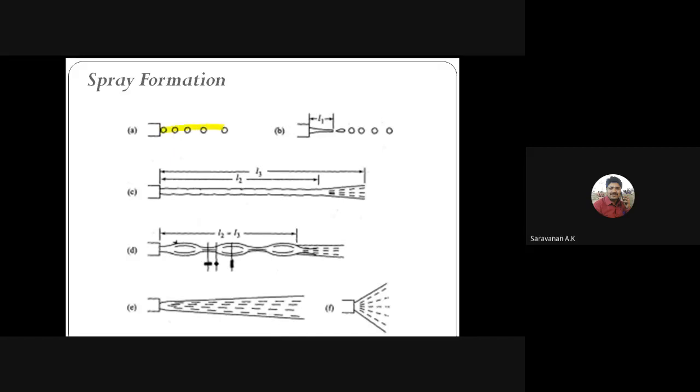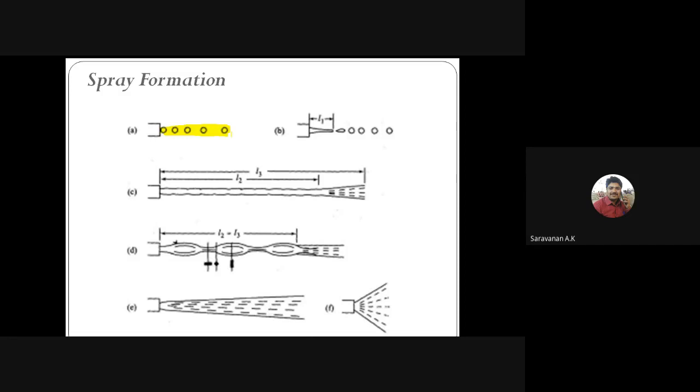The fuel will be in a single droplet formation. This is one type of formation.